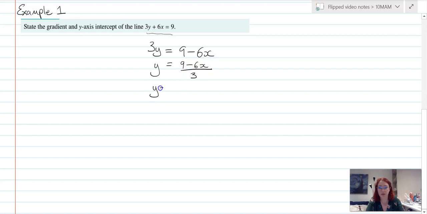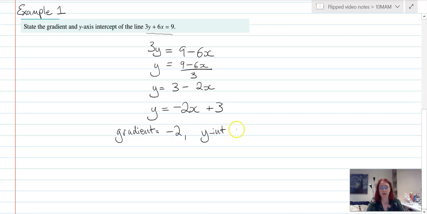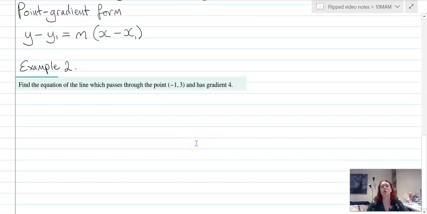And we can simplify that to 3 minus 2x. To make it easier for ourselves, let's just flip that round so it's actually y equals mx plus c. So we've got negative 2x plus 3. So gradient equals negative 2. Y-intercept equals 3.